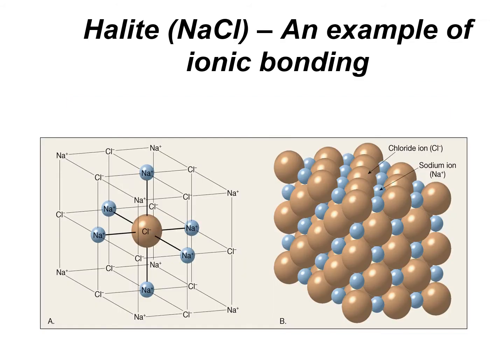Now looking at halite, halite is a great example of a mineral that is ionically bonded. So we can see here that the chlorine ion has a negative charge to it, so you can see that little symbol there, while the sodium has a positive charge to it.